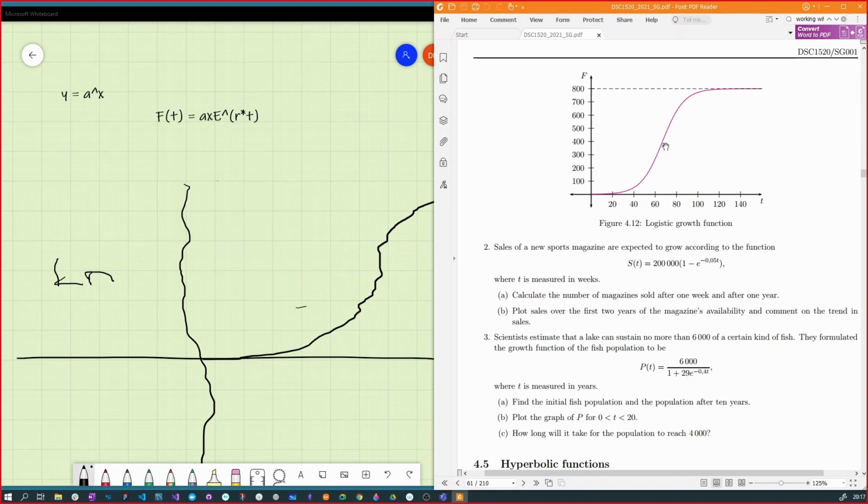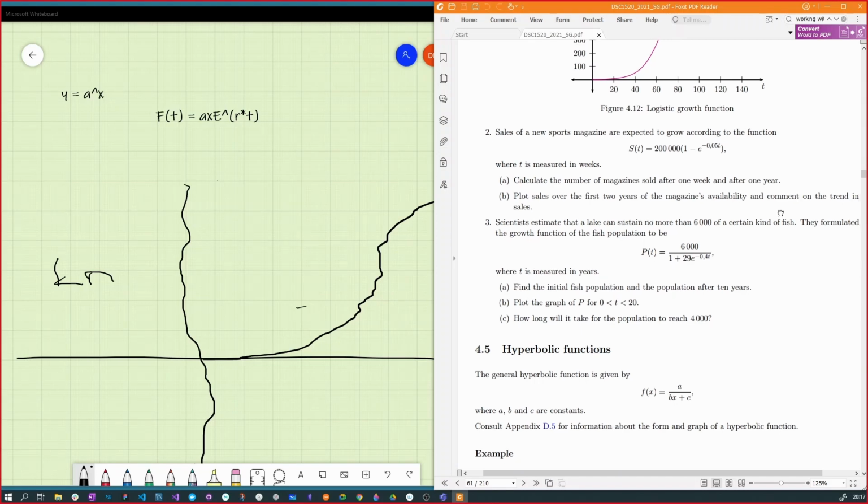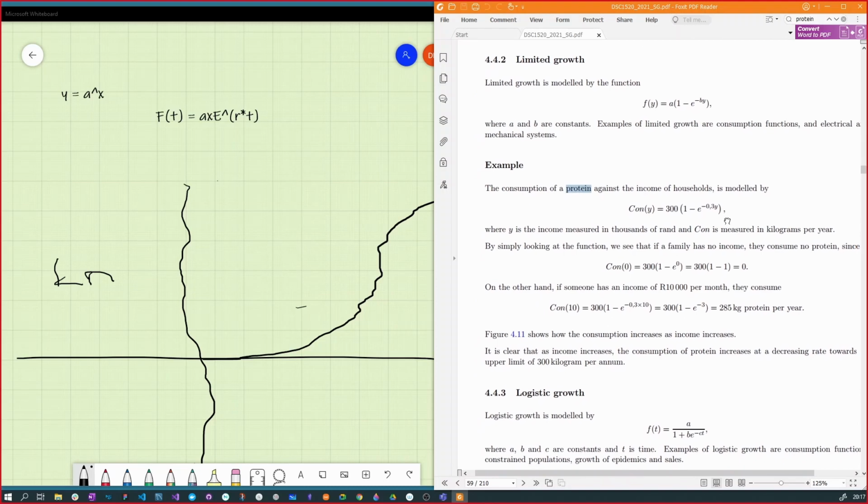But as we get to the carrying capacity for the specific function, the rate of acceleration decreases. And then they have an example that they've used here, and I don't know where this example is, but I have a note here on it. Where they model the consumption of protein of households, right?